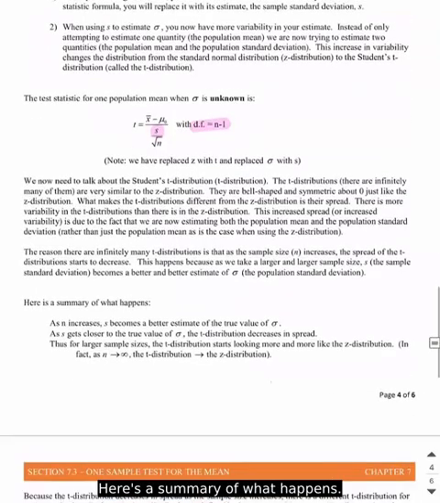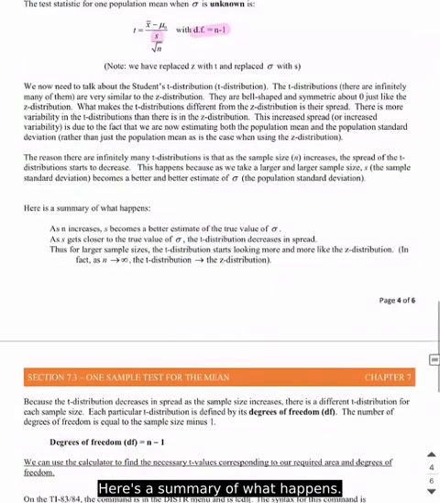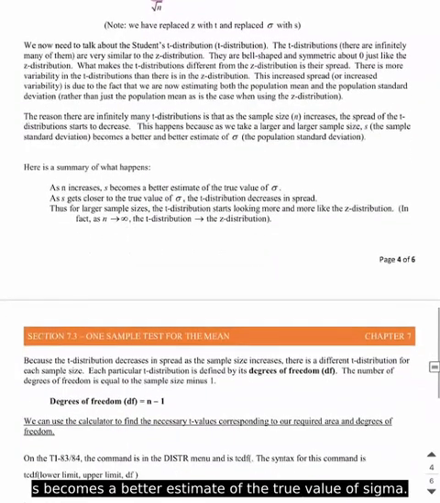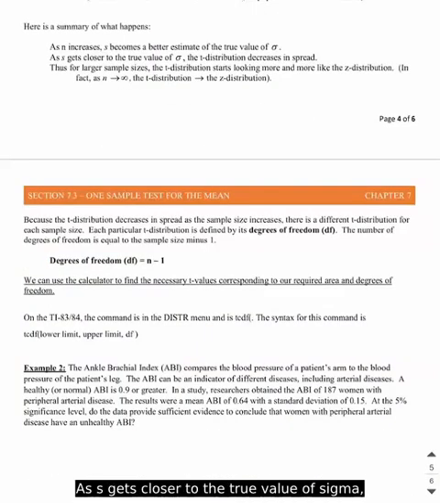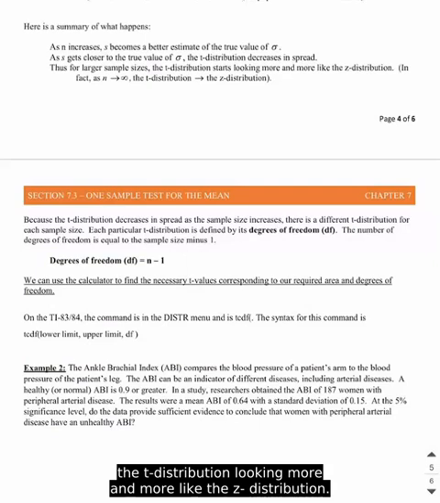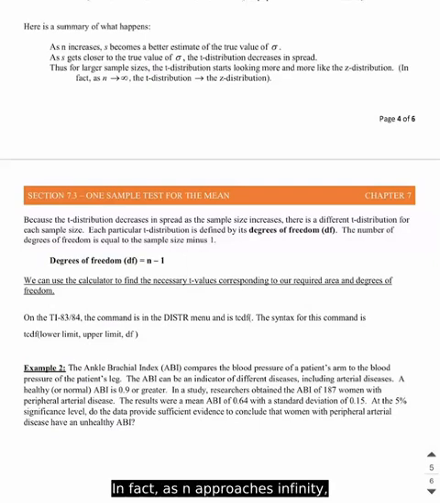Here is a summary. As n increases, S becomes a better estimate of the true value of sigma. As S gets closer to the true value of sigma, the t distribution decreases in spread. Thus, for larger sample sizes, the t distribution looks more and more like the z distribution. In fact, as n approaches infinity, the t distribution approaches the z distribution.